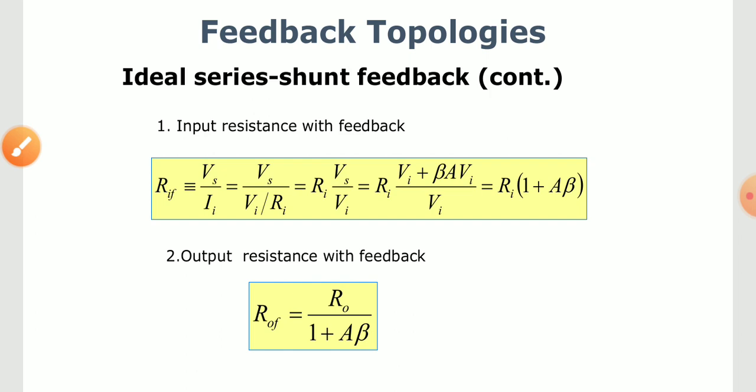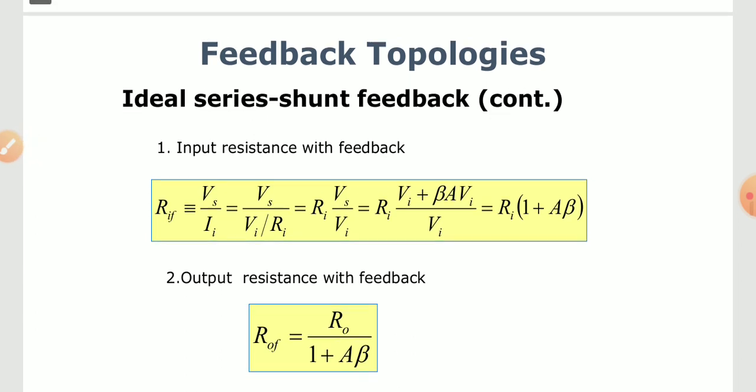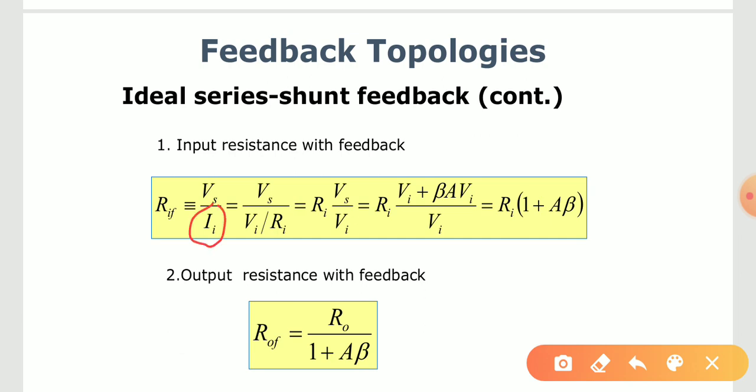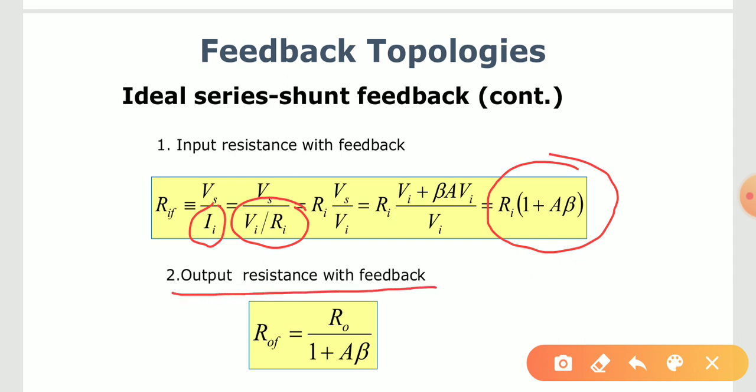So you put in the individual values; for the I of I it is written as V of I by R of I. Ultimately the equation becomes Ri times 1 plus A beta. In the same way, if you calculate the output resistance with series shunt feedback, the total feedback output impedance R of OF will be defined as R0 by 1 plus A beta.